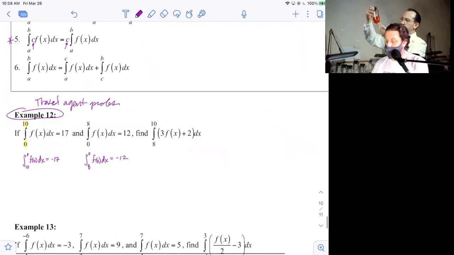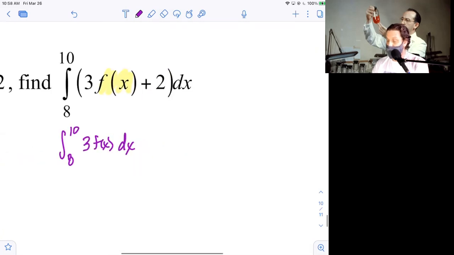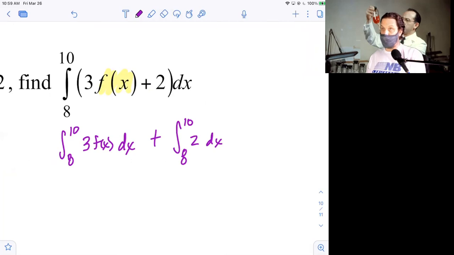So here's what we're going to do. We need to get at this f of x. So I need to kind of get rid of the 3 and the 2. So step 1, let's just split it up. The integral from 8 to 10 of 3f of x dx, make sure you have that right bookend, and then plus the integral from 8 to 10 of 2 dx. So that's just giving them each their own integral, their own dx.